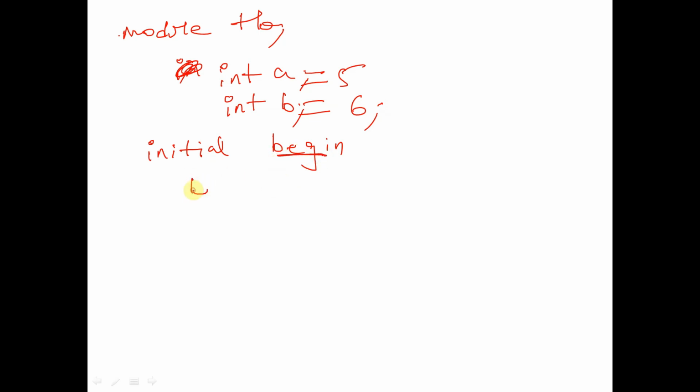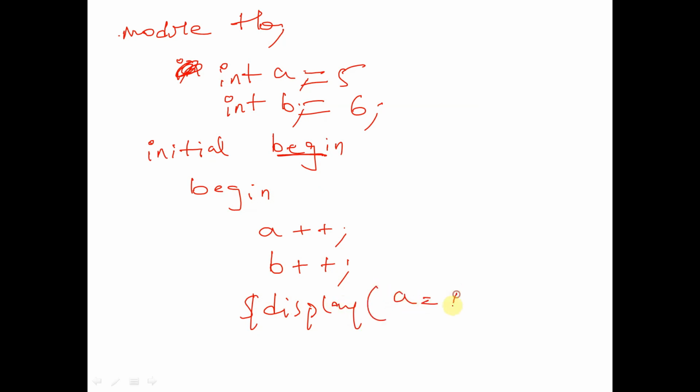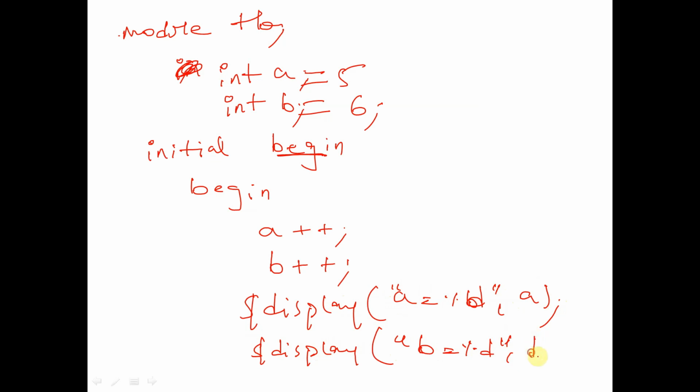So within an initial begin block, what I'm going to do is increment A plus plus and B plus plus, and I will display these values. $display A is equal to %d, comma A, and same $display B is equal to %d, comma B. So listen to this carefully.